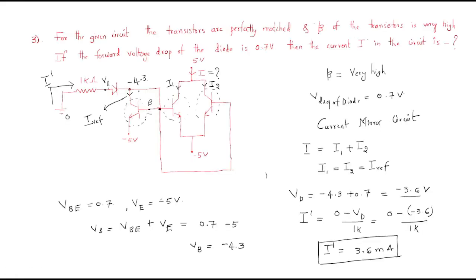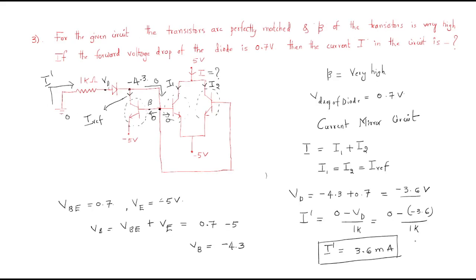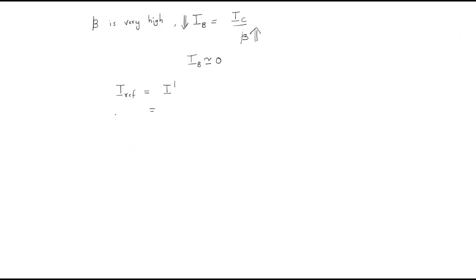That means the current entering into the bases is approximately 0. Then the total current will enter into the reference current. So the reference current is nothing but I dash. The I dash value is 3.6 milliamperes.